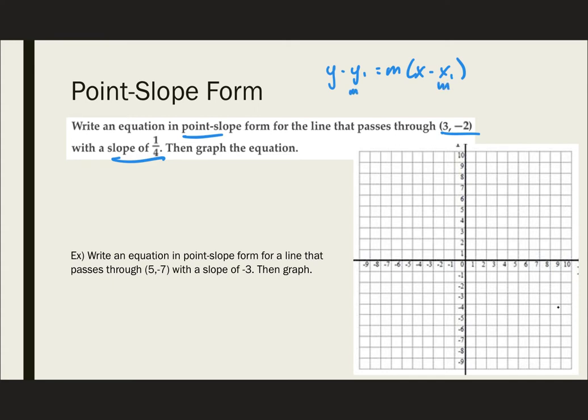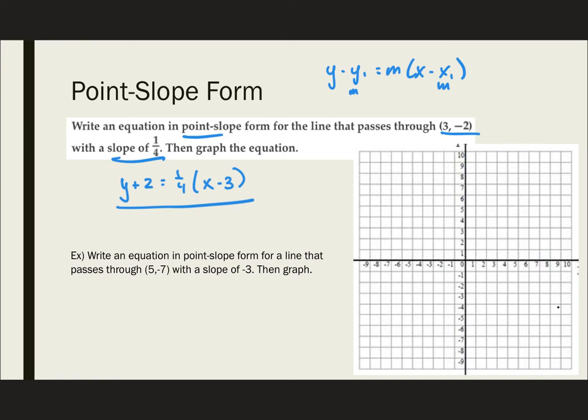So I'm going to take my information and plug it in. y plus 2, because minus a negative is a positive, is equal to 1/4 times x minus 3. And that's it. That is the equation of the line in point-slope form. You don't need to do anything else, which is the other reason why I love it: there's not a whole lot of math required for these problems.